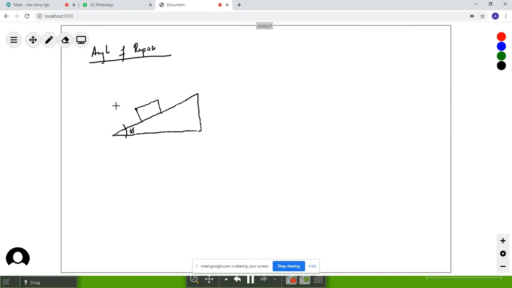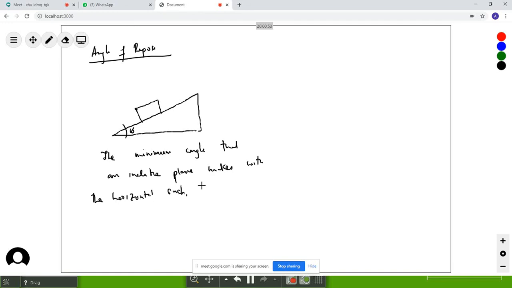So let us write it. Angle of repose: the minimum angle that an inclined plane makes with the horizontal such that the body is at the edge of slipping or sliding down is called the angle of repose.